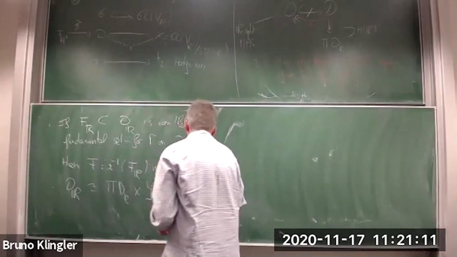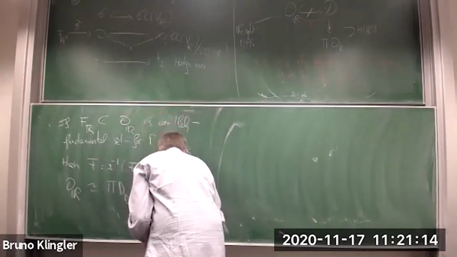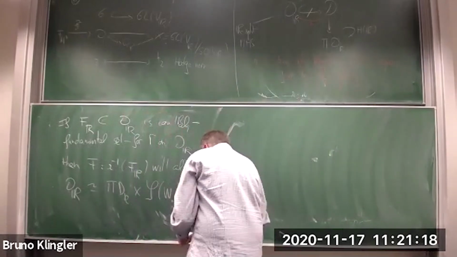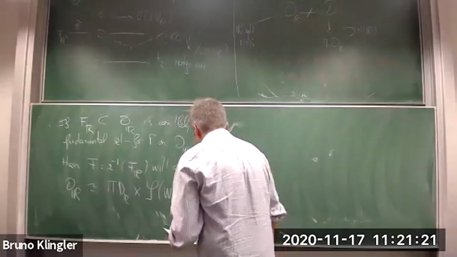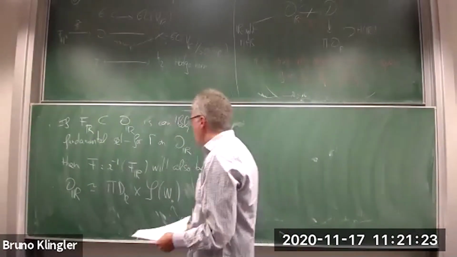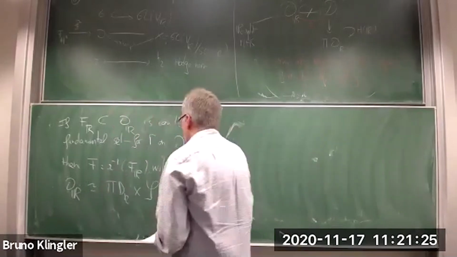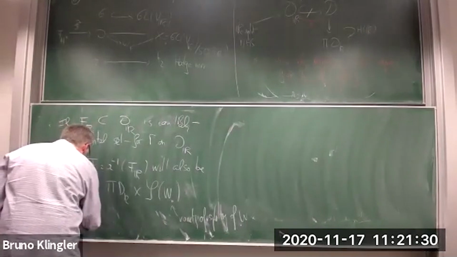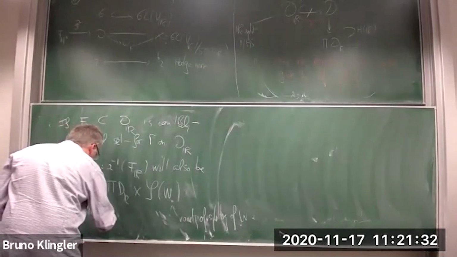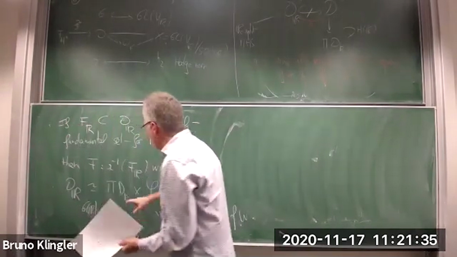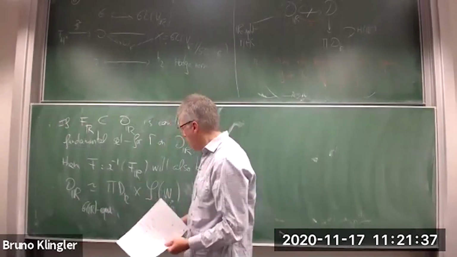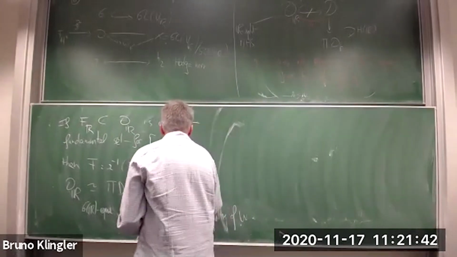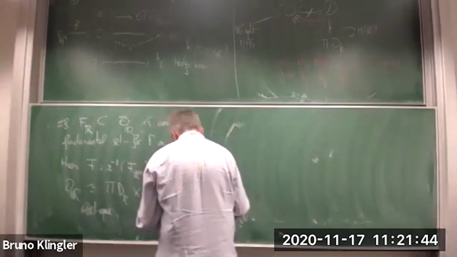So S is the variety of splittings of the weight filtration, and here this is the original guy. And this decomposition here is semi-algebraic, and again it is G(R)-equivariant.